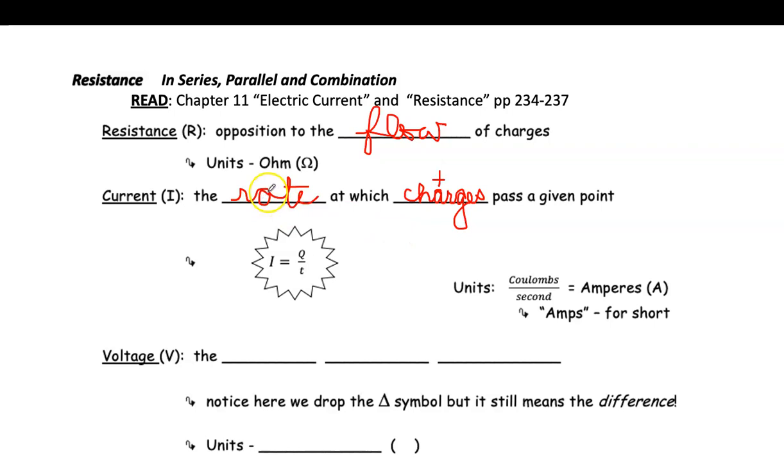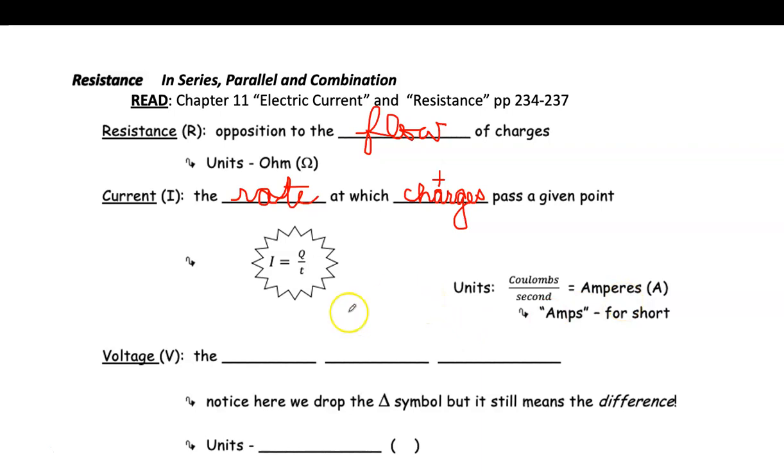And again, that is the rate, R-A-T-E, at which charges pass a given point. Its equation is the current, I, is equal to the number of charges passed a point over time. So its units would be coulombs per second, which is amperes. I'm going to just pronounce it amps whenever we're talking about that. That's short, that's pretty common.